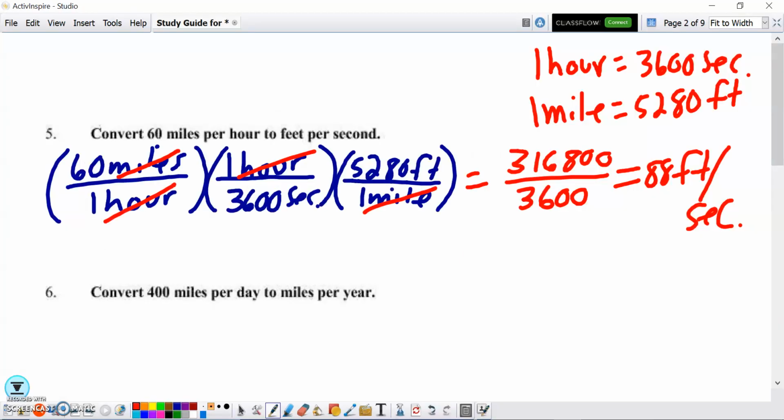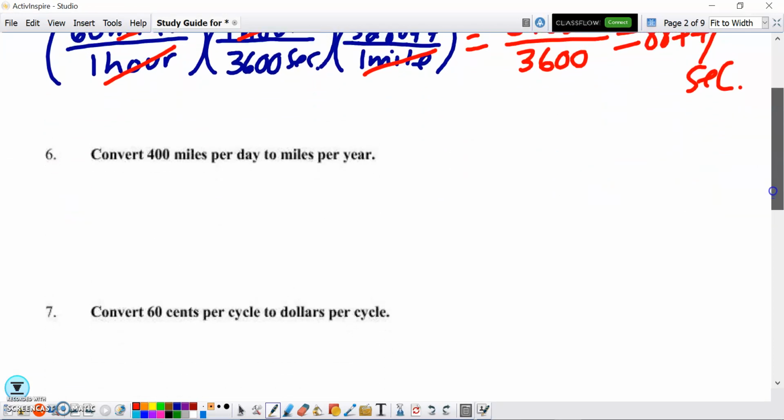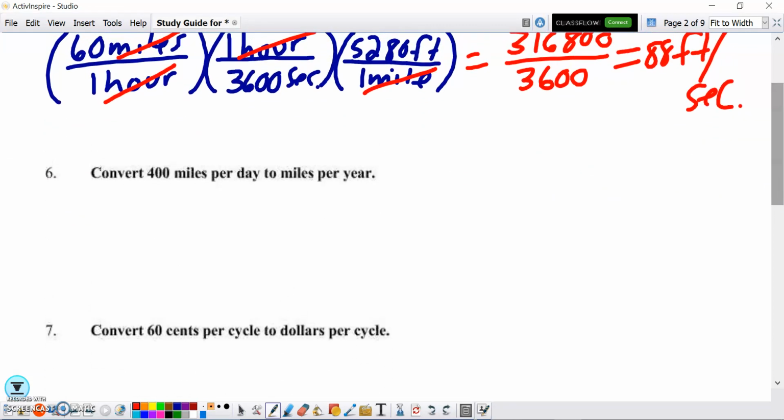All right, next one. Convert 400 miles per day to miles per hour. Well, what do I know about hours, days and years? We know that there are 365 days in 1 year.